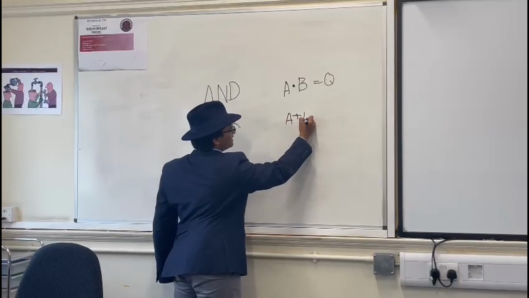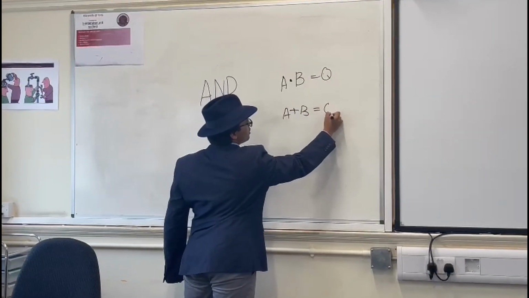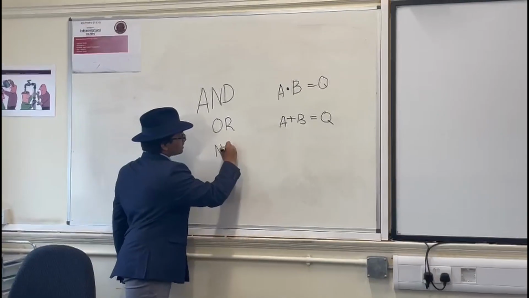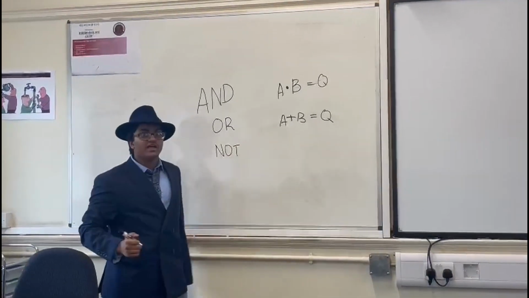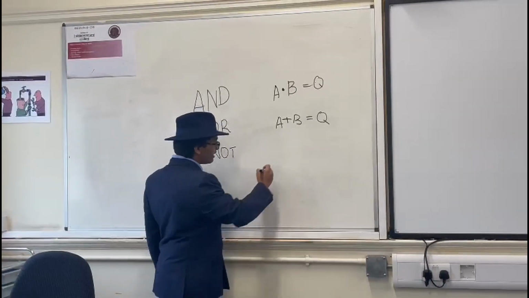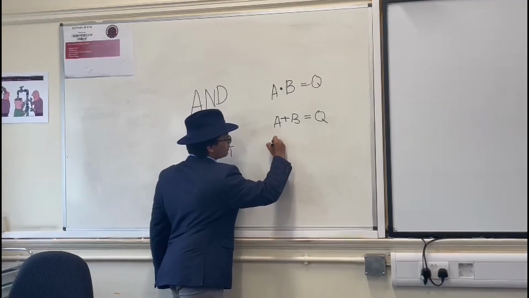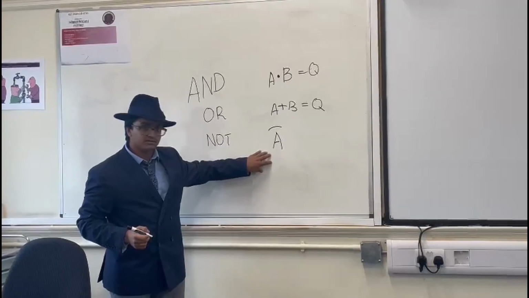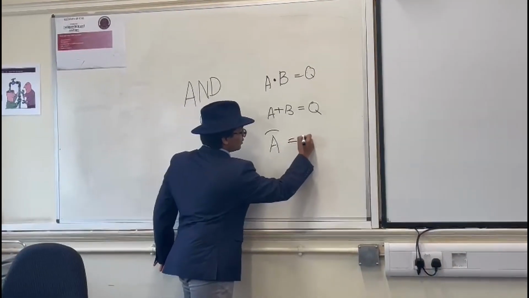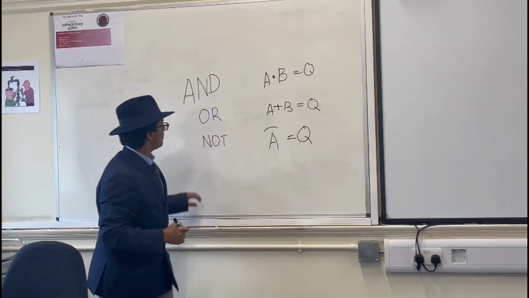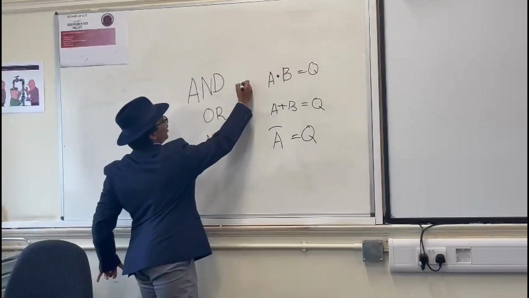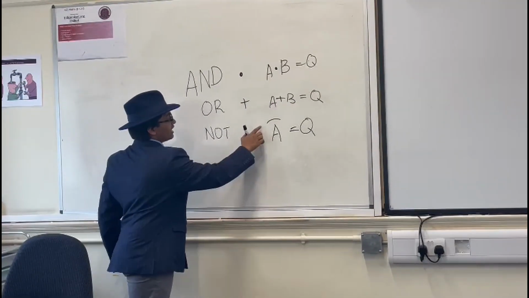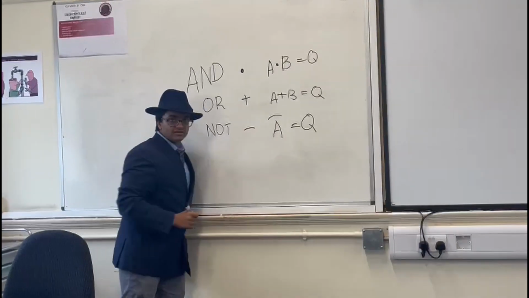A plus B gives you your output Q. The last one is NOT. NOT is special. Thanks to the physicists, we have an automatic thing called a top bar. The top bar is applied to the function to give you your answer Q. So remember, AND is dot, OR is plus, and NOT is the top bar.